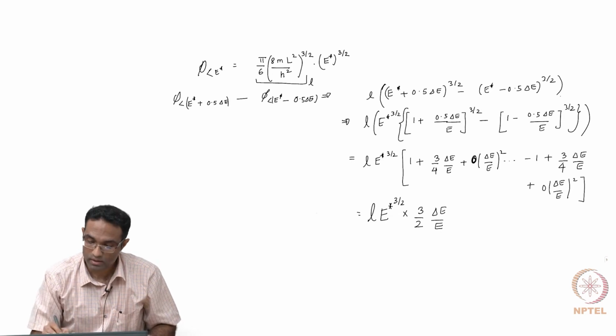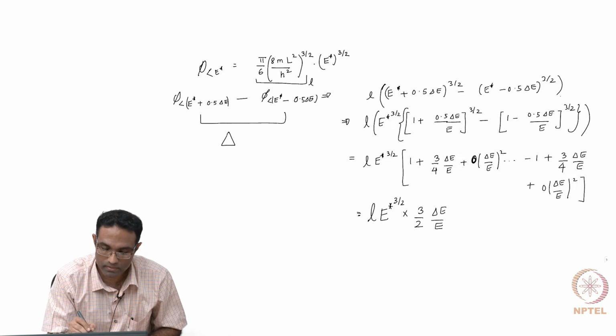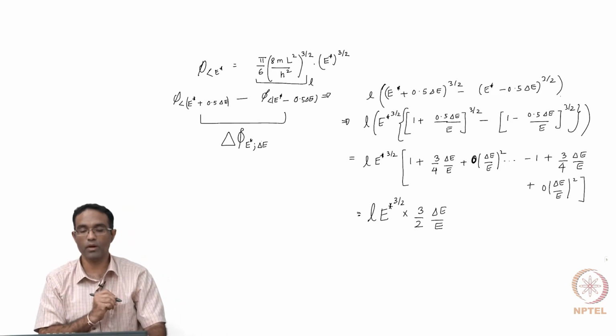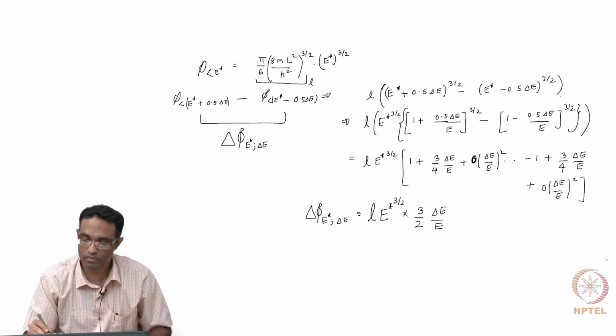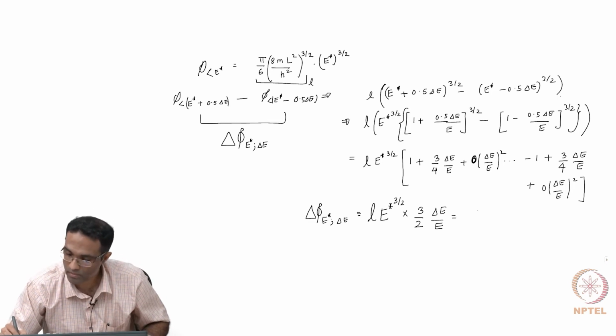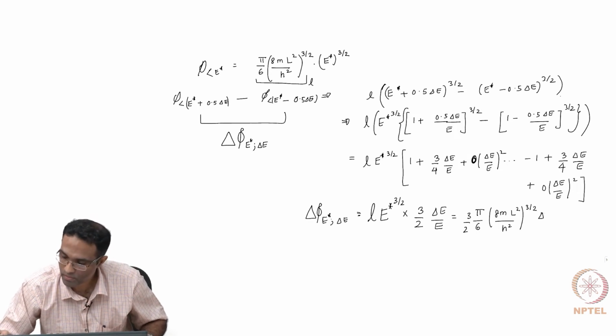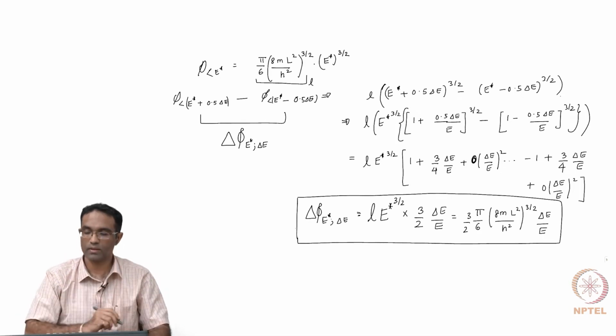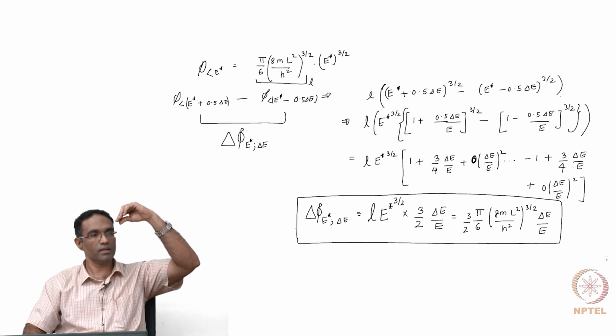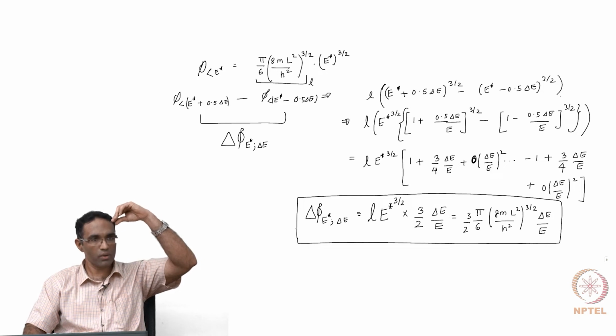So let us call this thing as... okay. And L is your... so this is the total number of points that is going to lie in a shell of thickness delta E around the energy level E star.